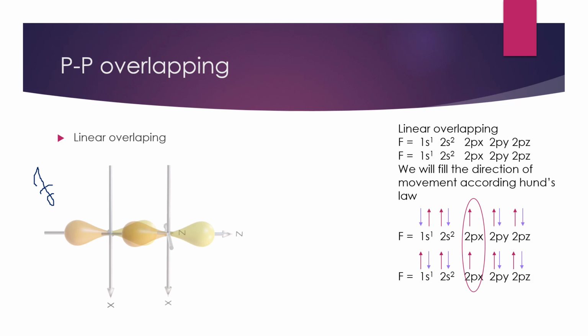Here hydrogen has valency, so we take hydrogen. In this configuration, according to Hund's law, there would be a pair of 2px with 2px. The condition is that it should be in the same orientation. So in the same orientation, p-p overlapping is done.